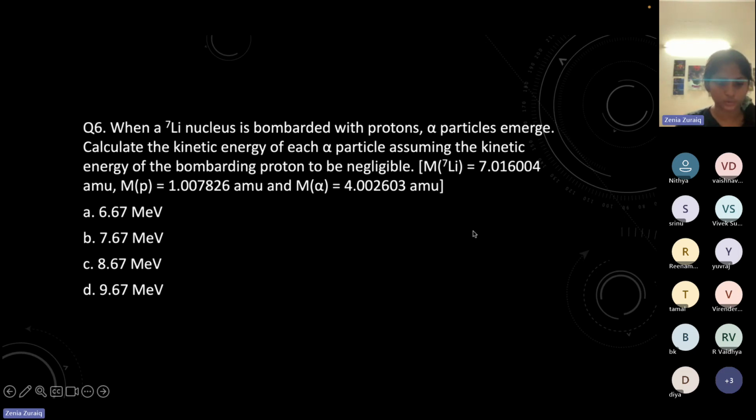Does anyone not know how to? Okay, I see 6.67, someone has given the answer. Anyone else? Any other answers in the chat? I will be very upset if you don't know how to solve this. I think this is a fairly straightforward question to answer. I don't see any comments or questions, so I'm going to move to the answer.